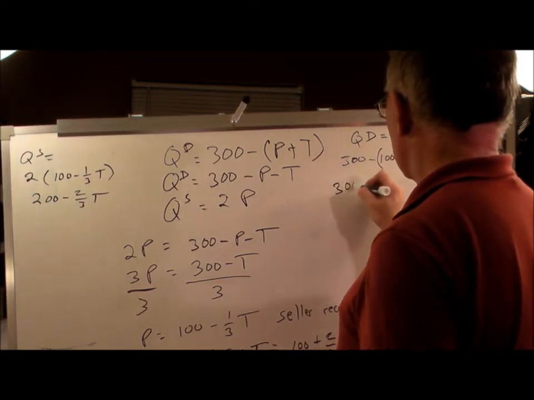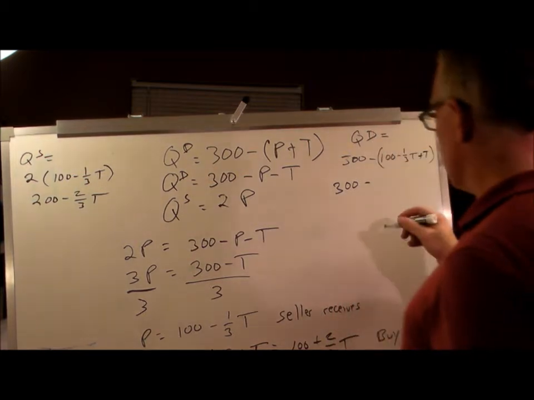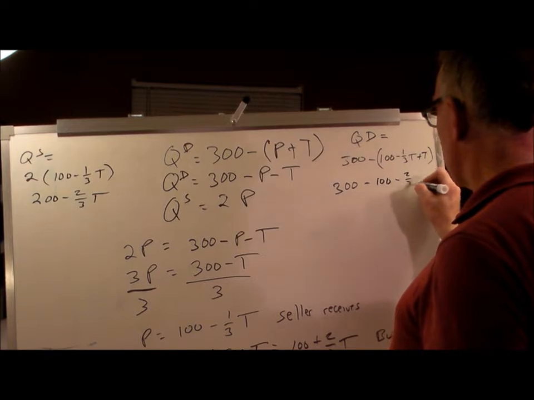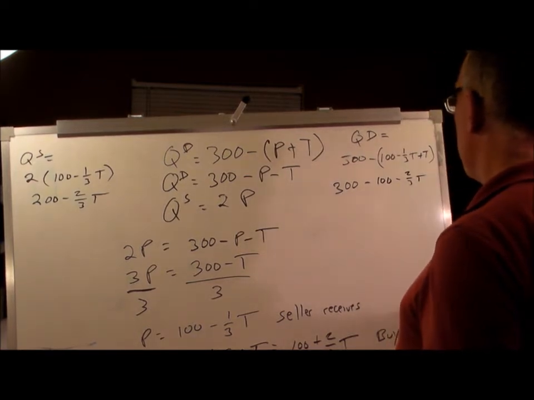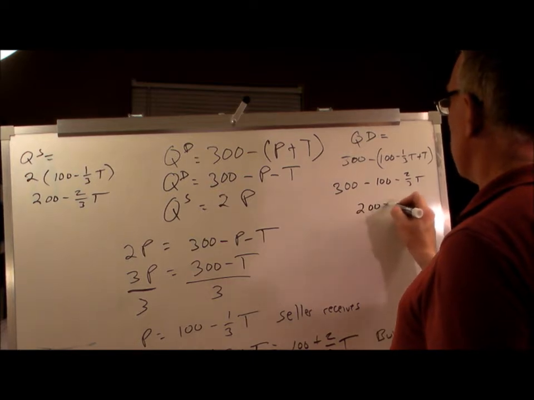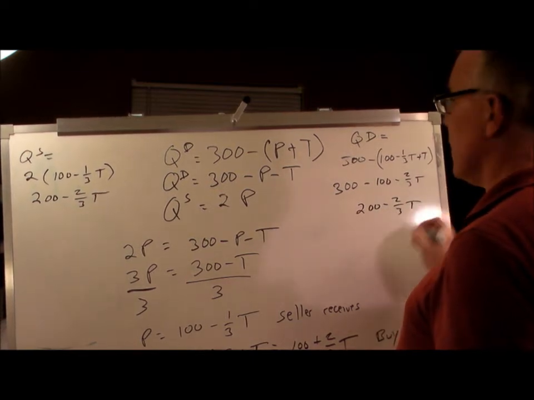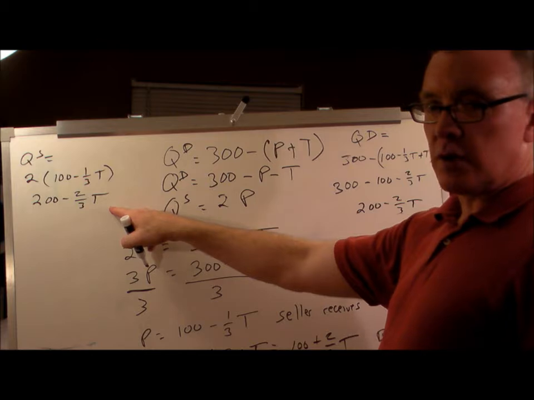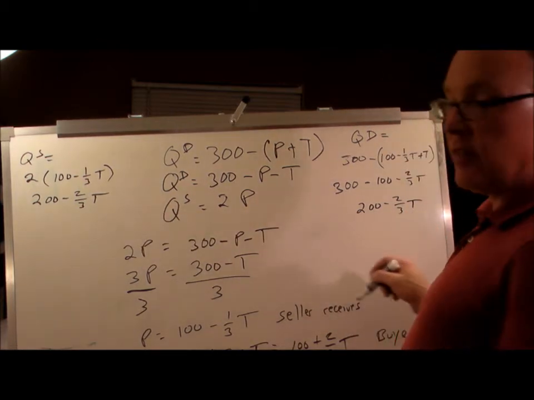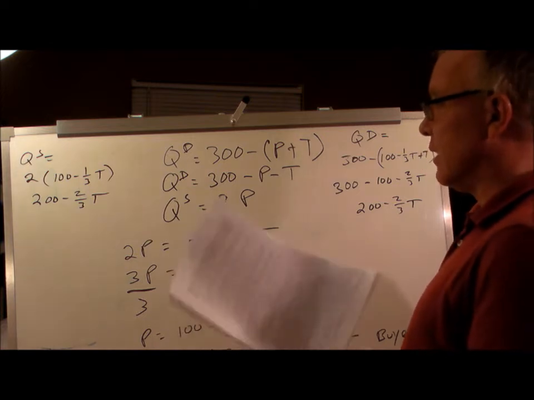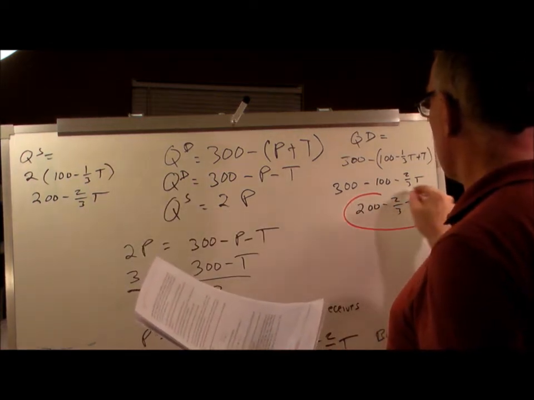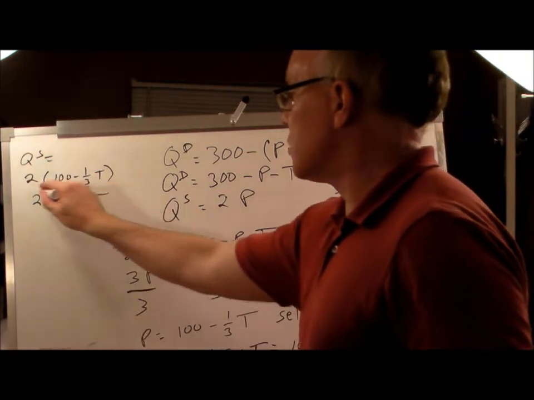So it's 300 minus the same expression that's here, 300 minus 100 minus 2/3 T, and so this becomes 200 minus 2/3 T, which of course is the same expression we had over here. So this is the quantity supplied, this is the quantity demanded, and they are equal. Again, I'll circle them in red: this is the quantity demanded, this is the quantity supplied.